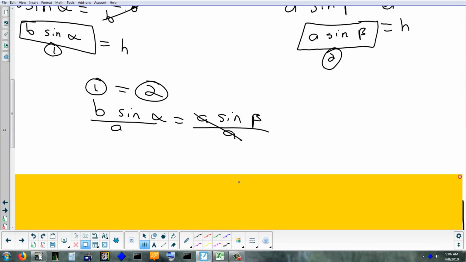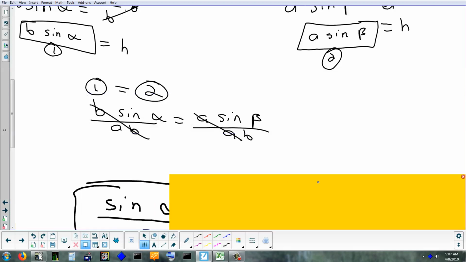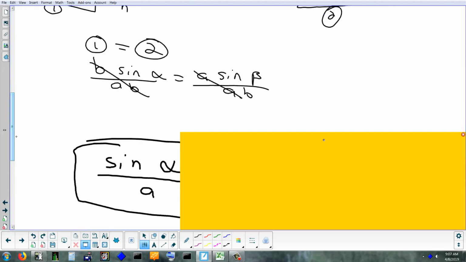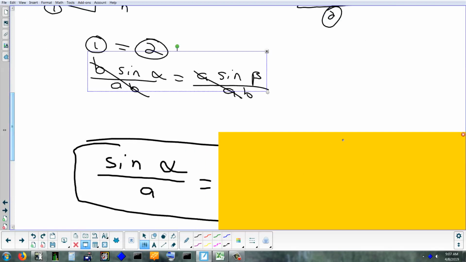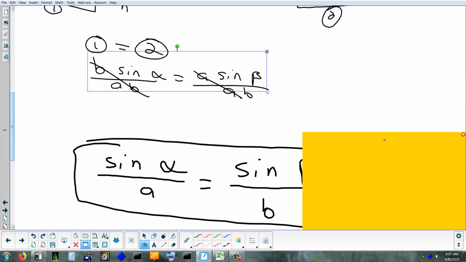And at the same time, let's divide both sides by B. That'll cancel out the B's there. So now what you're left with is sine of alpha on the top and A on the bottom, equals sine of beta on the top and B on the bottom.